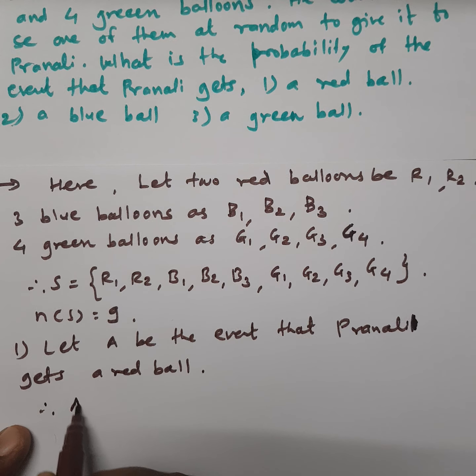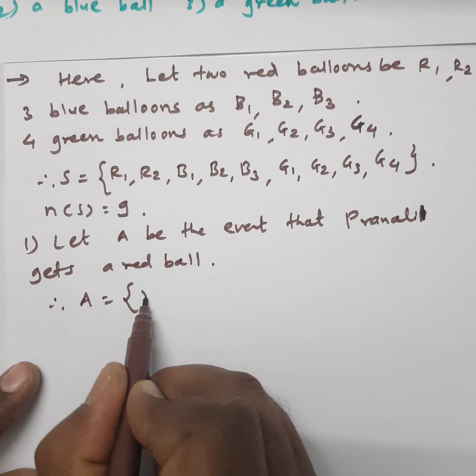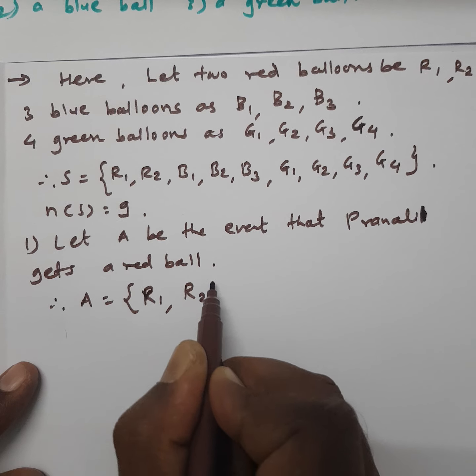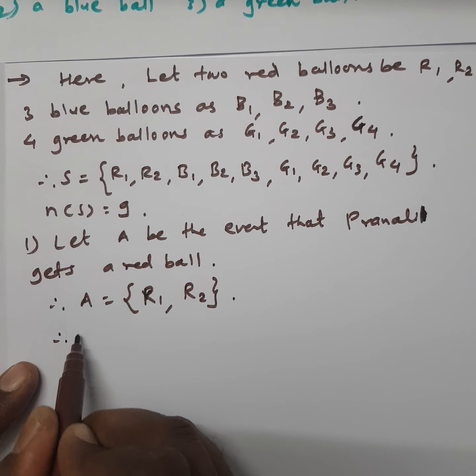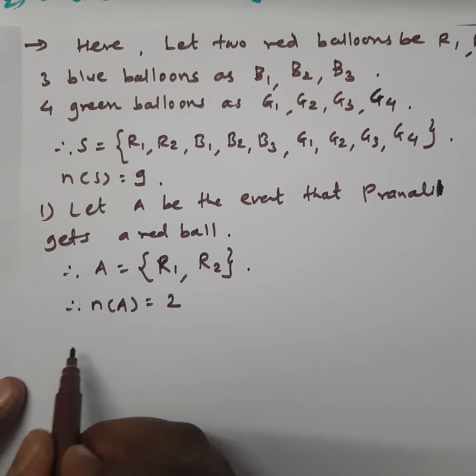Therefore, A is equal to curly bracket R1, R2, and n(A) is equal to 2. There are 2 elements.